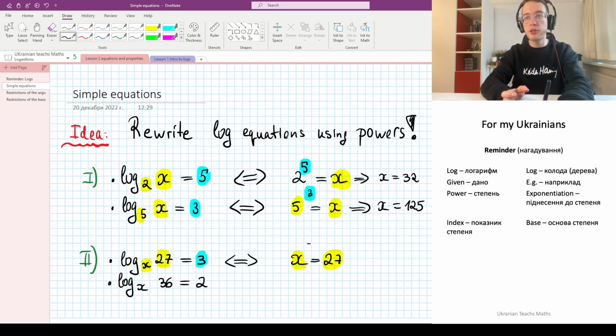So we just put the 3 right here on the top. So we have x cubed equals 27. Now we're asking ourselves, okay, what x should I take to have the result 27? And well, for those who know, this is just the third root of 27, or just 3. Or you could just check: 3 raised to the power of 3 is 27.